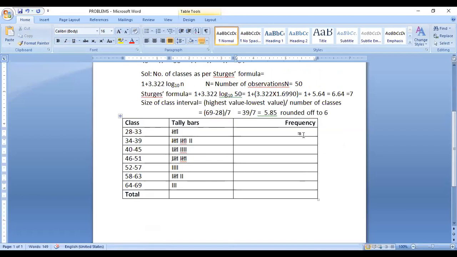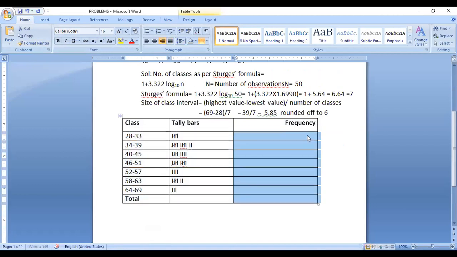Now frequency. In the first one 5 are there. 10 plus 2, 12. 5 plus 4, 9. 5 plus 5, 10. 4 are there. 5 plus 2, 7.